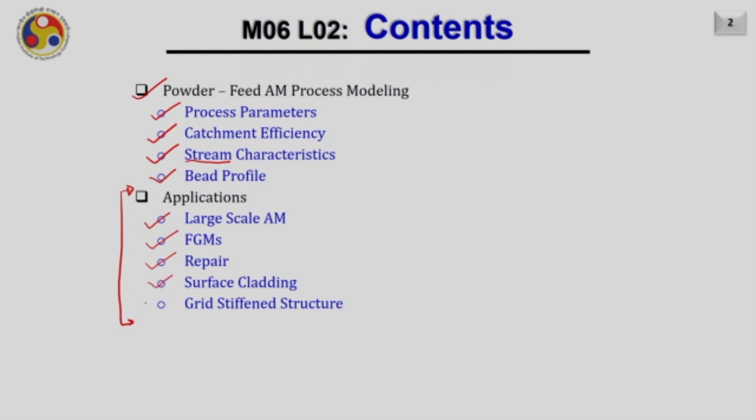And also we shall discuss one of its nowadays emerging applications, that is called grid stiffened structures.